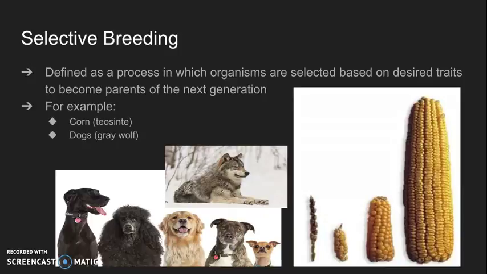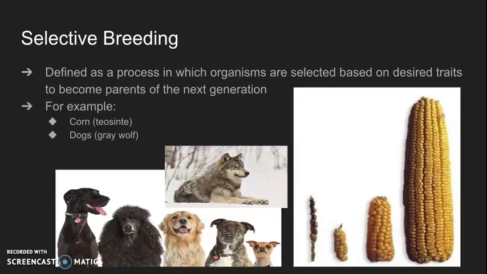If you look at the picture of the corn, the very far left looks like a very scrawny, skinny piece of a plant. That is actually ancestral corn. It's referred to as teosinte.